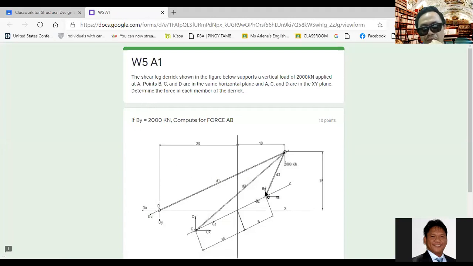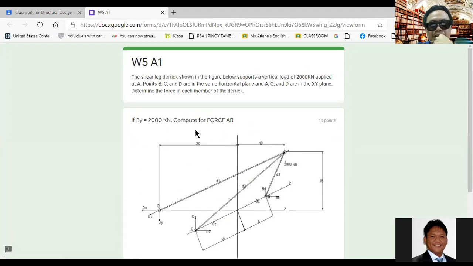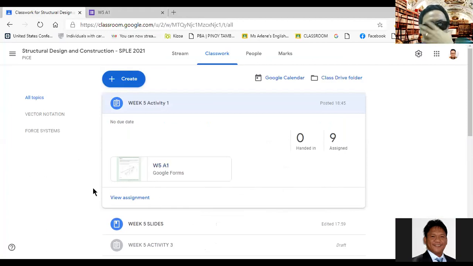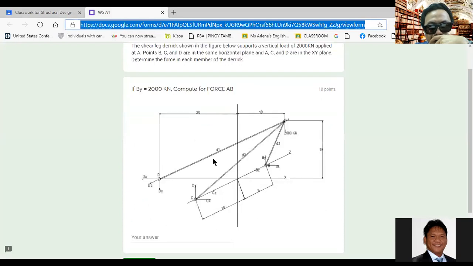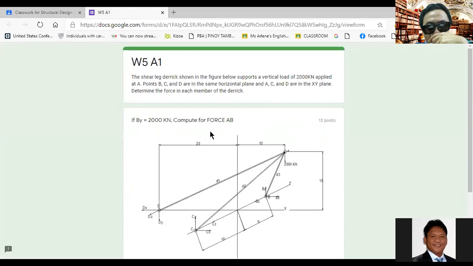Andito yung problem. If BY is 2,000, compute force AB. Okay. Try nyo. I'll give you 5 to 10 minutes. Try to access yung Google Classroom natin. Click nyo to. Tapos andito na yung question. One question lang ito. Ano? You just have to compute force AB.